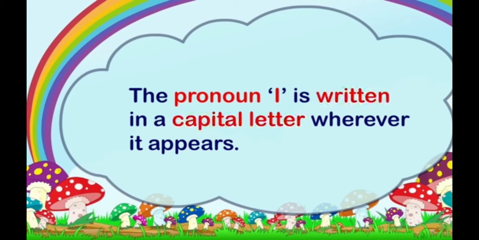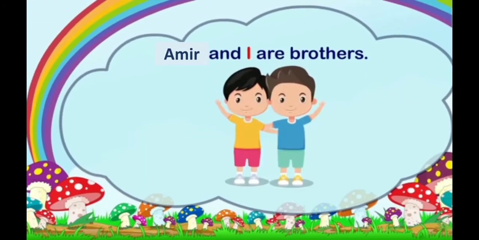Let's see an example to get this thing clear. Amir and I are brothers. Now you can notice I is made capital here. Okay, it is coming in the middle of the sentence. But we have written I capital because it is the rule of punctuation.